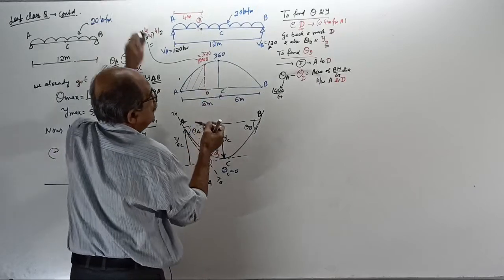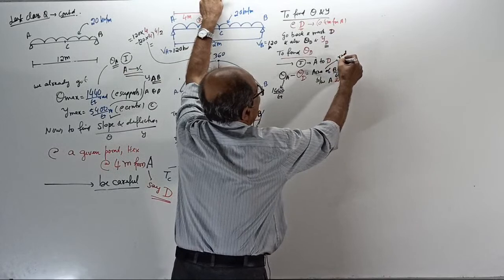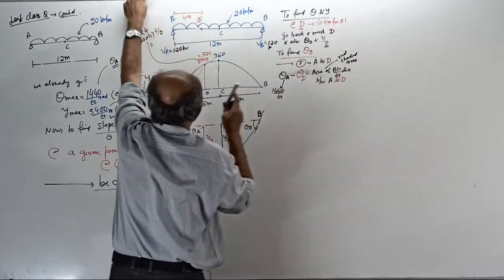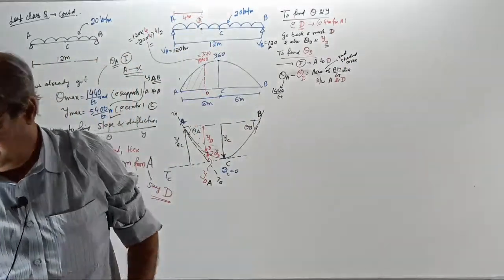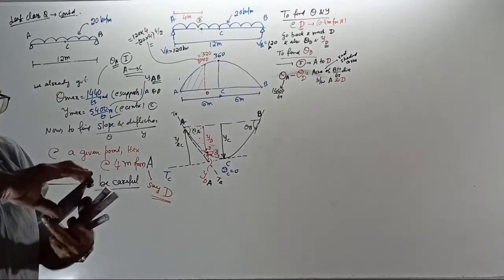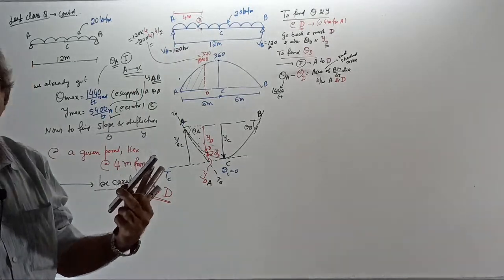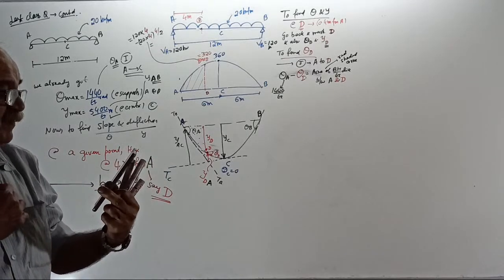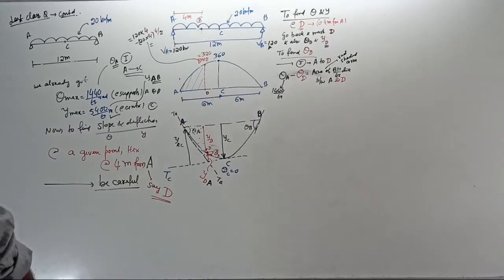Tell yes or no. That is the red shaded area, the area from A to D. Correct? Red color shaded area. Tell me yes or no. Yes. Now make a note.